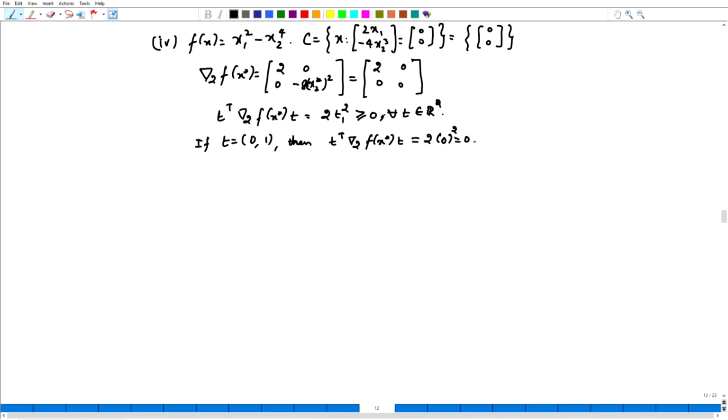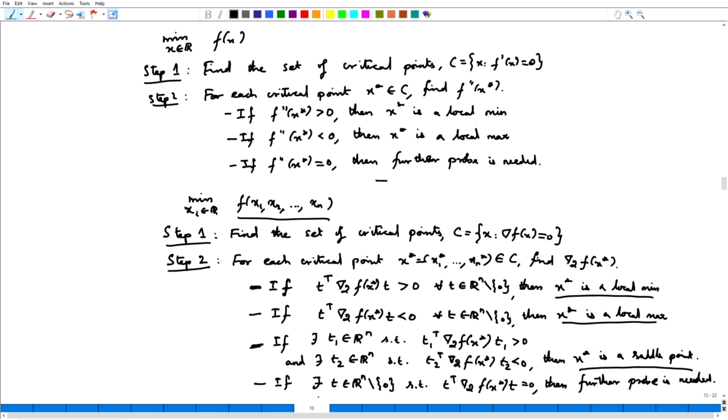So we actually have a t in Rn minus 0 such that t transpose del 2 f of x star t is equal to 0.